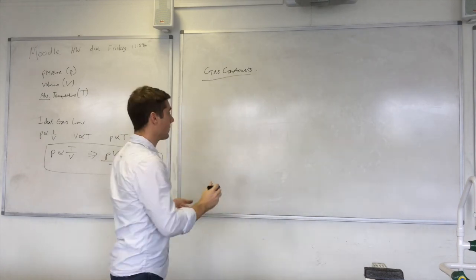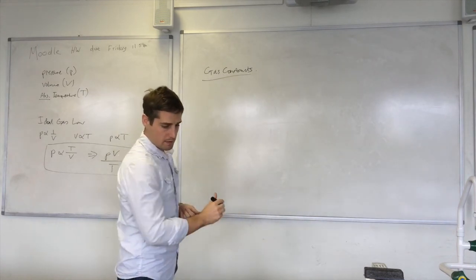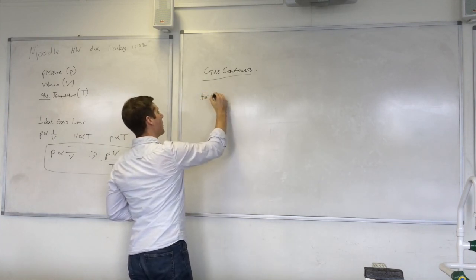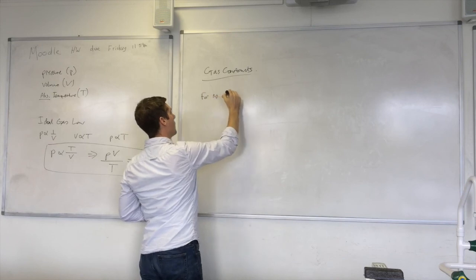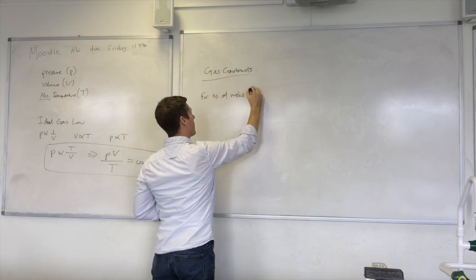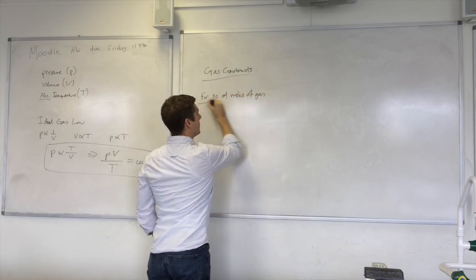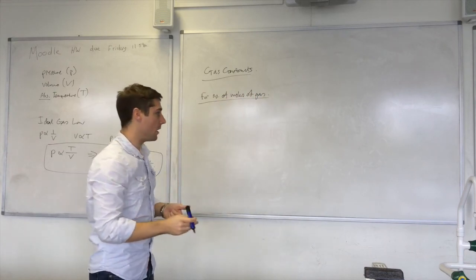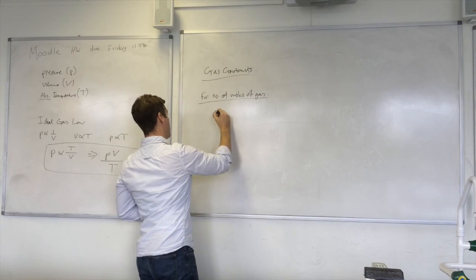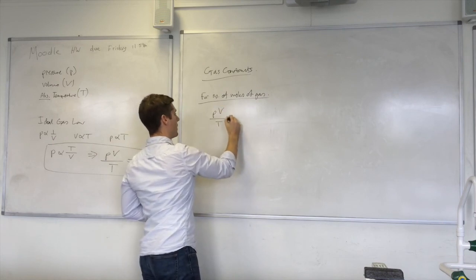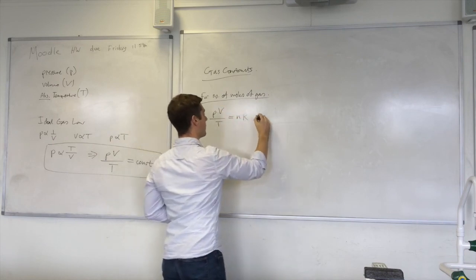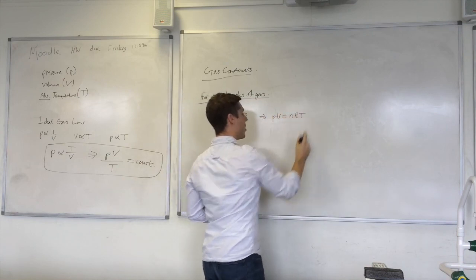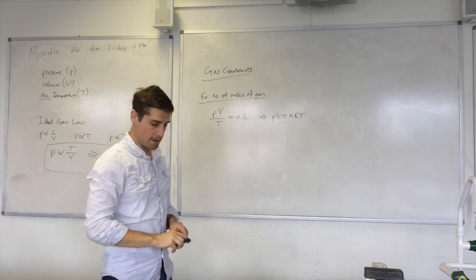So for the number of moles, we'll start with. The proportionality constant here is nR. So PV over T equals nR. Often stated in that form.